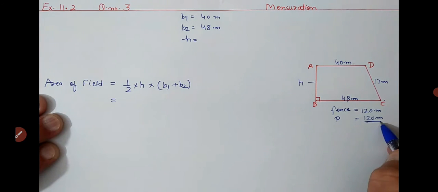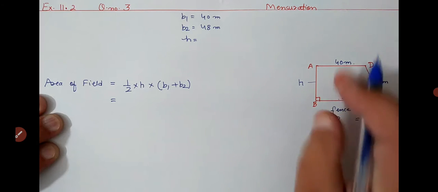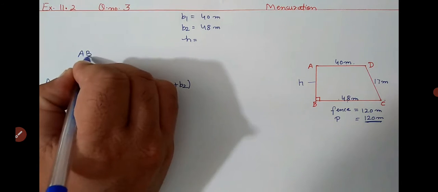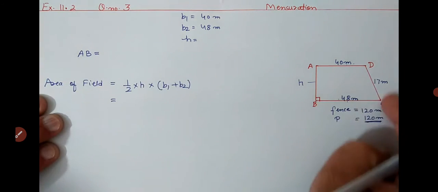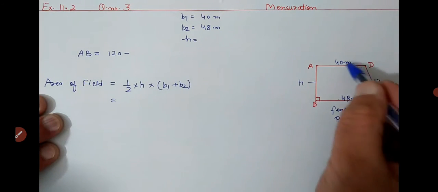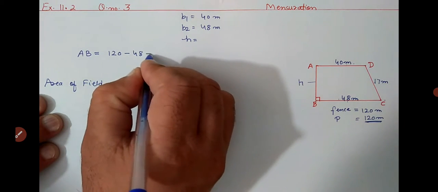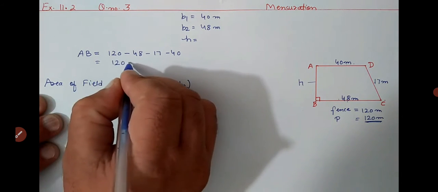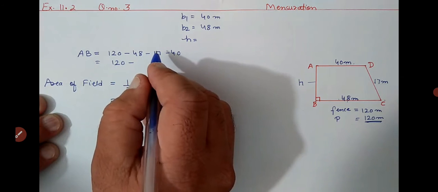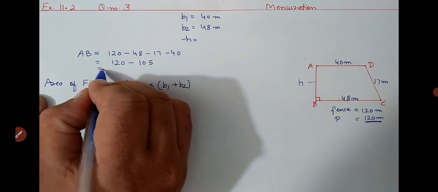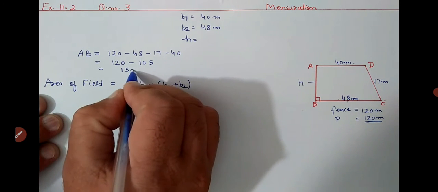Now we know the perimeter is 120. We have to find H, so first of all we find AB, which is equal to 120 minus (40 plus 48 plus 17). We subtract everything, or write it in brackets, so we get 105, and we get 15 meter.